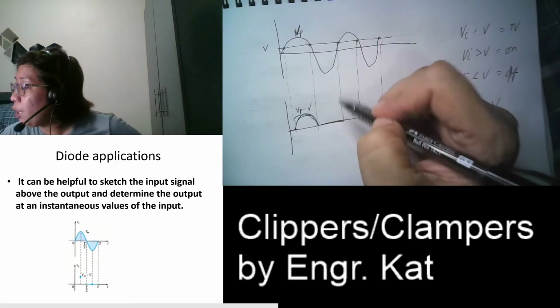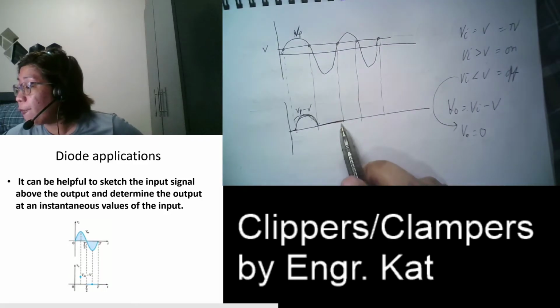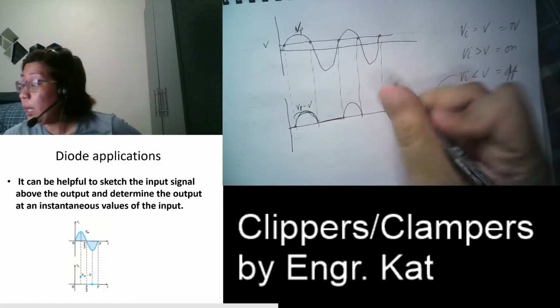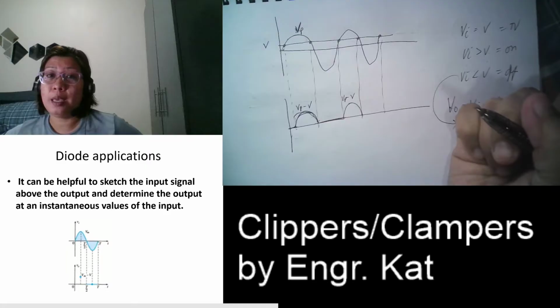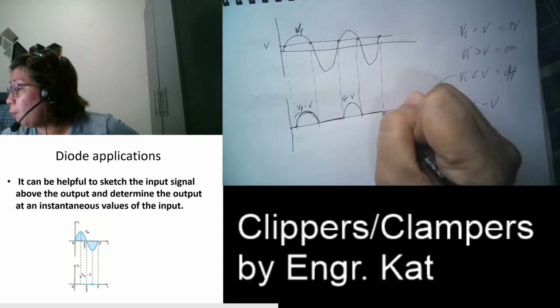And then, we reach transition again. From off, your diode will be turned on with a value which is also Vp minus V. And then transition again, so this is also equal to 0.